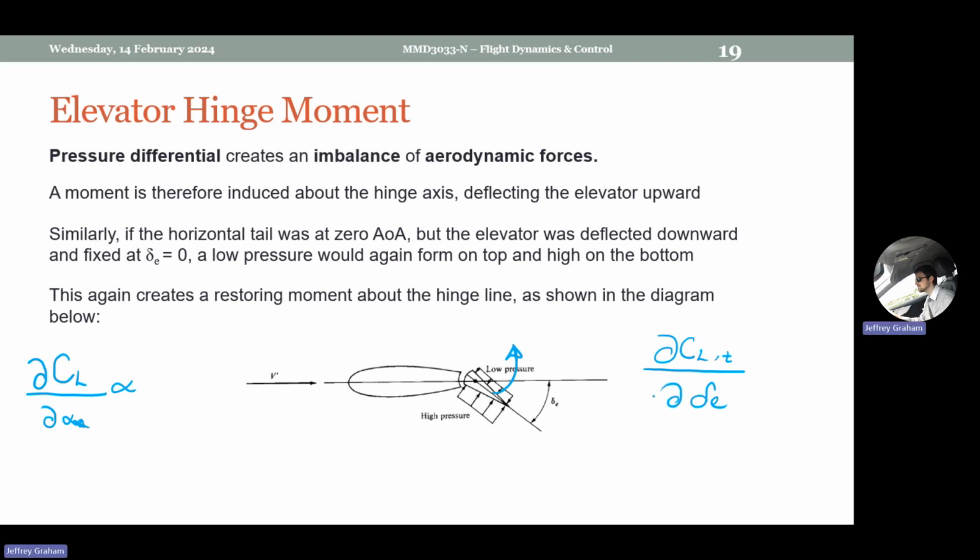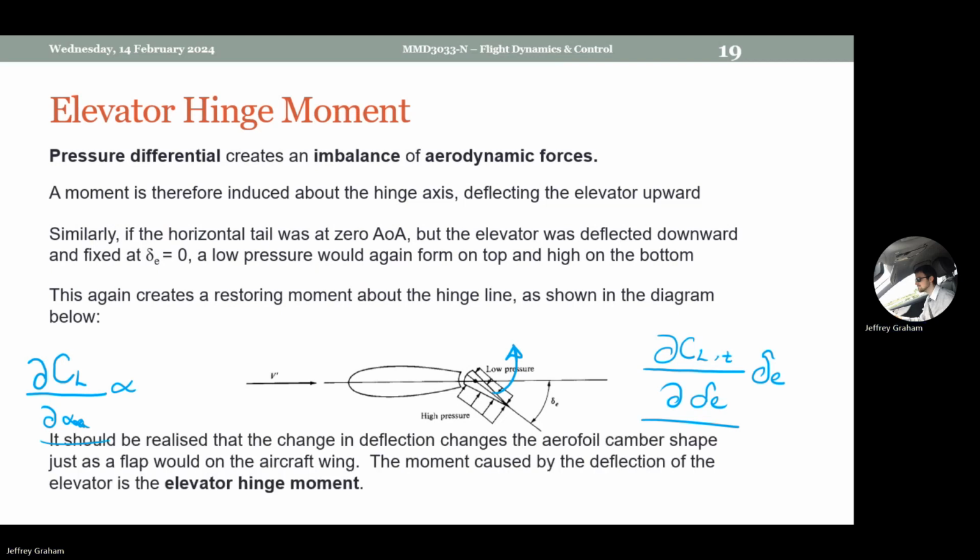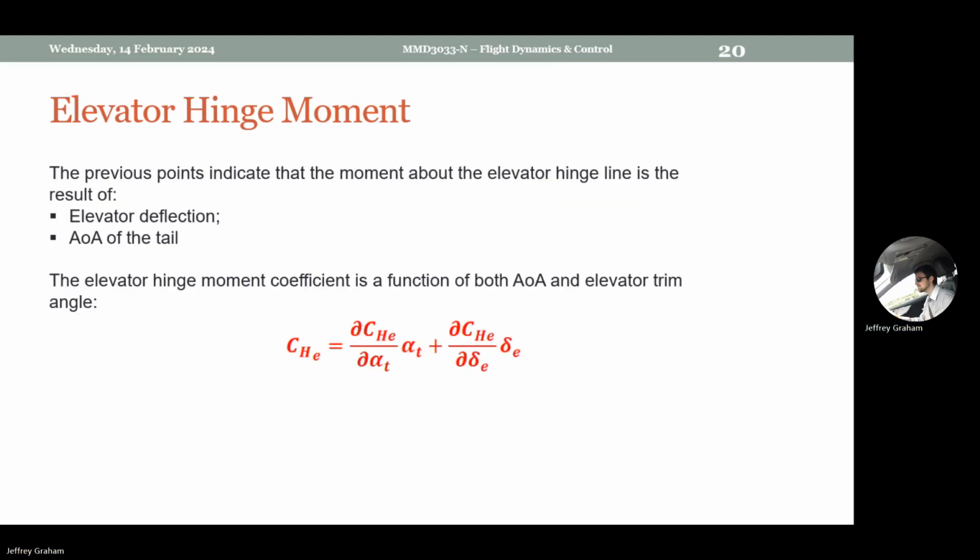We're only considering one variable, hence the partial sign. And that's going to respond by producing a particular deflection. Right, so there's two distinct variables here: the angle of attack of the tail section or the elevator angle. Right, that will produce our overall moment.